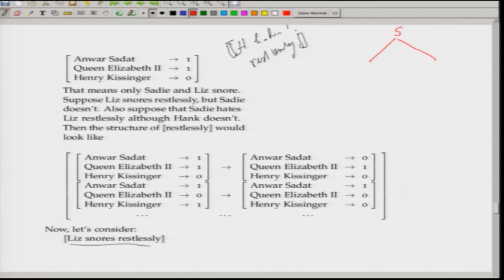S goes to N and VP, VP goes to VP and ADV, and VP goes once again to VT and N. We are done. So the first N is Hank, and VT is hates, and N goes to Liz, and then here is restlessly once again.